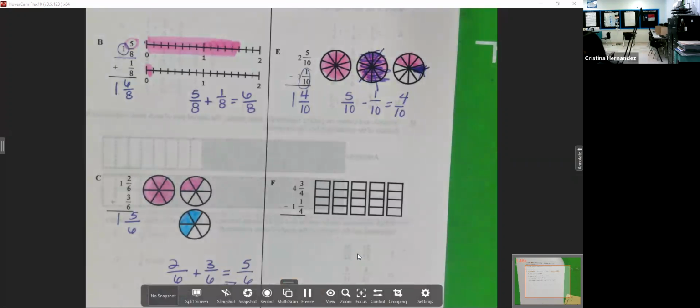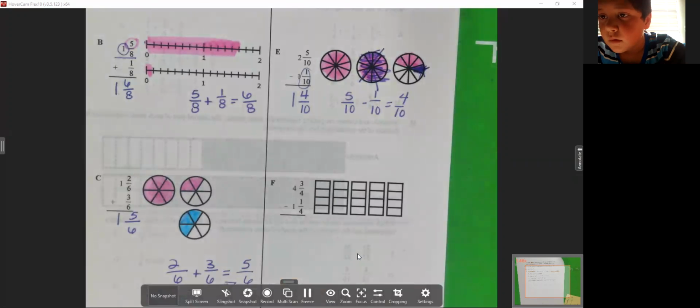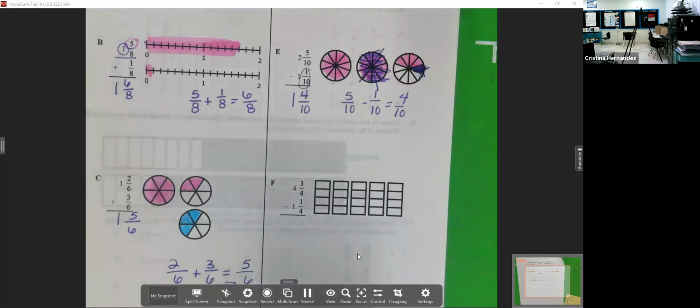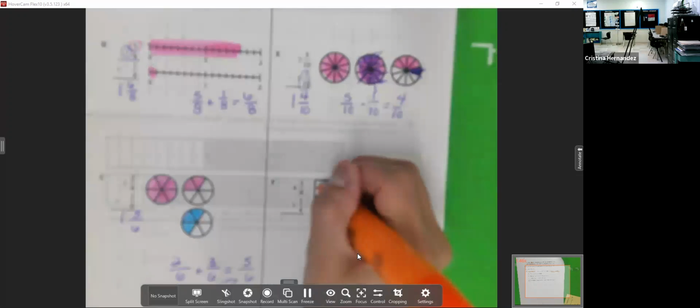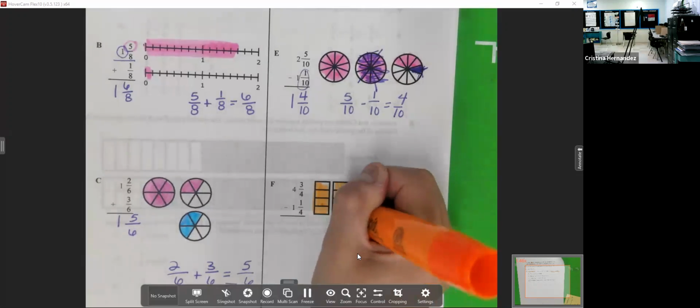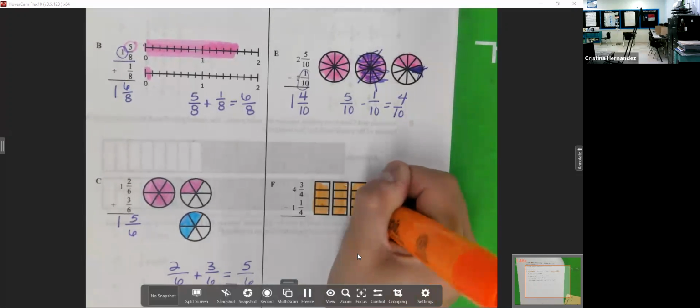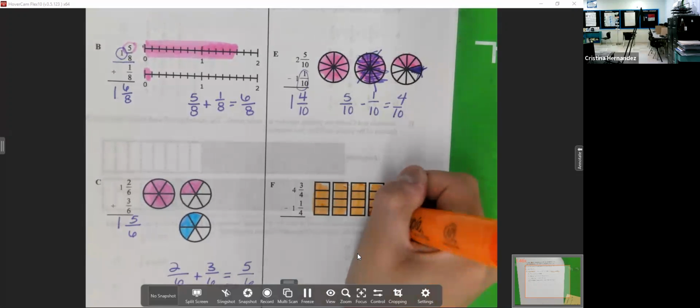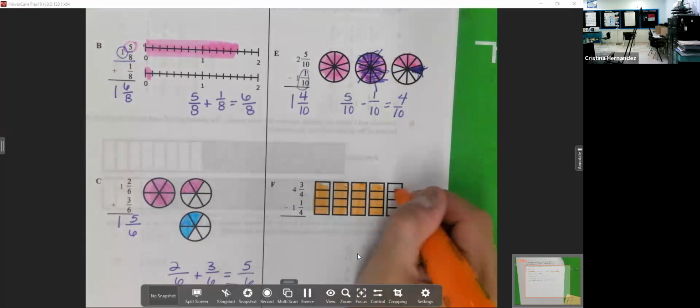What am I shading in? So we're going to shade in 4 wholes. And then 3/4.